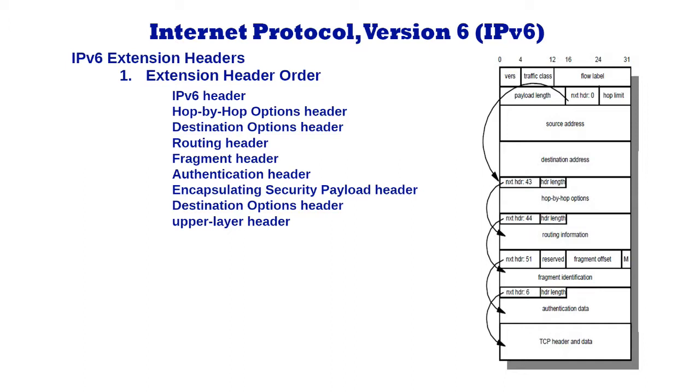IPv6 nodes must accept and attempt to process extension headers in any order and occurring any number of times in the same packet, except for the hop by hop option header, which is restricted to appear immediately after an IPv6 header only.